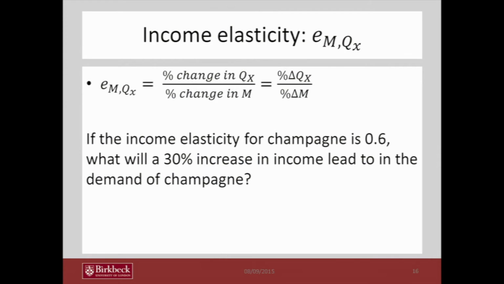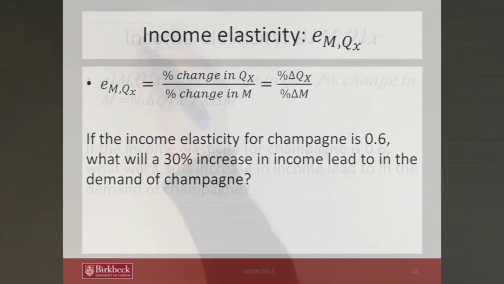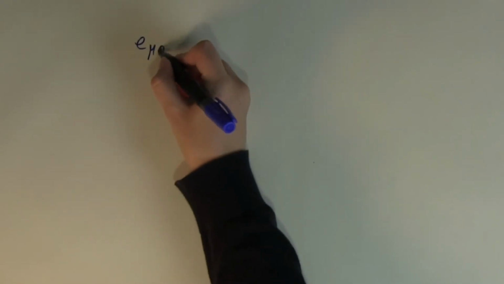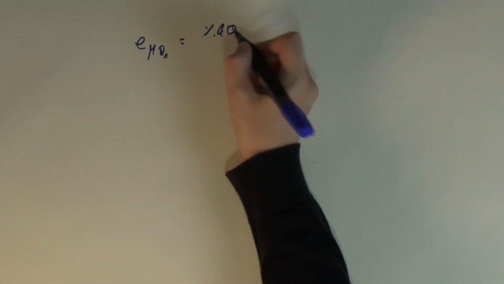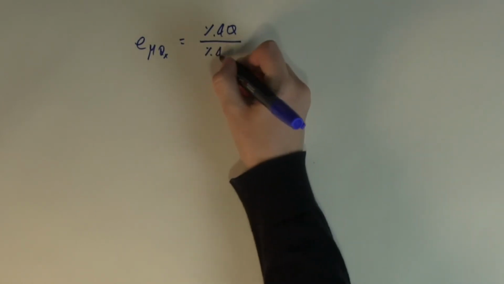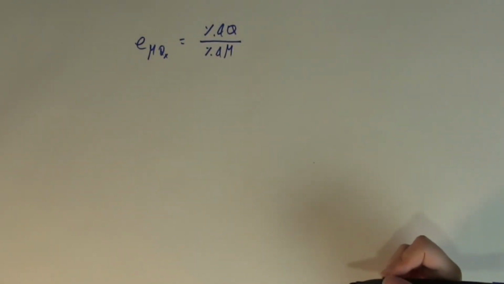When it comes to elasticity, own price elasticity isn't the only type. Sometimes you might need to calculate the income elasticity. The income elasticity, which is EMQX, is calculated by the percentage change in quantity, but in this case I'm dividing it by the percentage change in income. So what I'm actually testing here is how sensitive the product is to income changes.